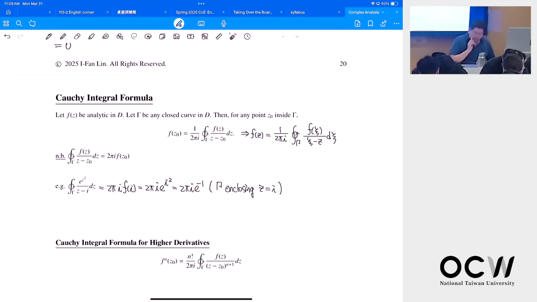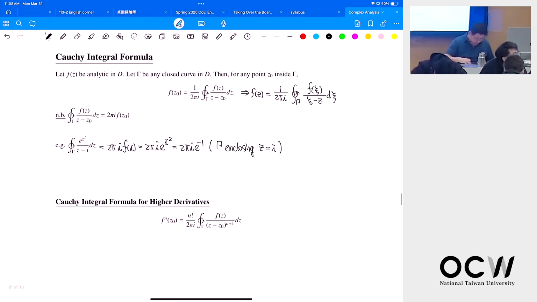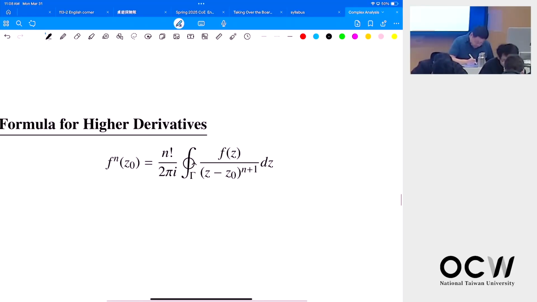For the higher derivatives, okay, this is the formula. Or we can rewrite this as the derivative of f for n times.